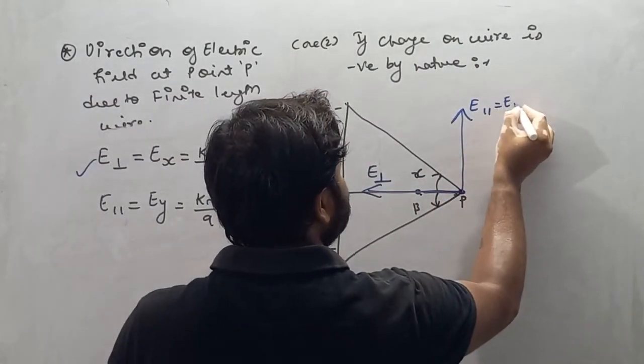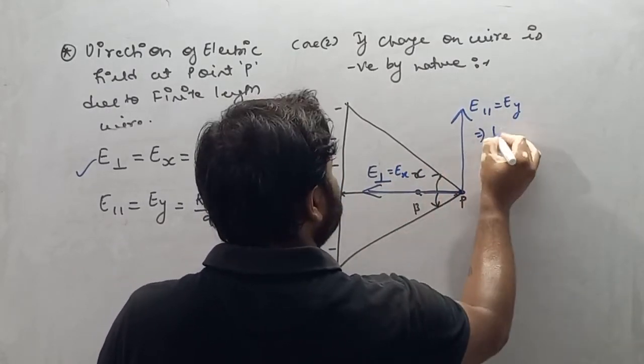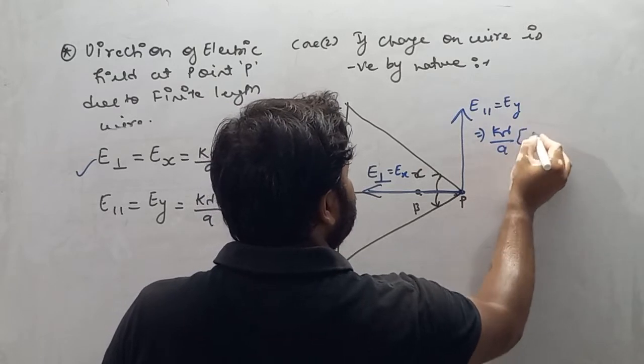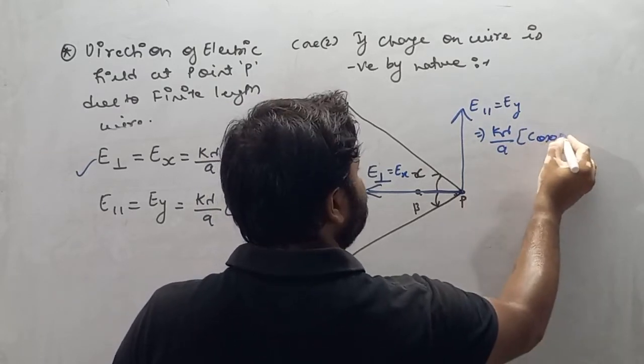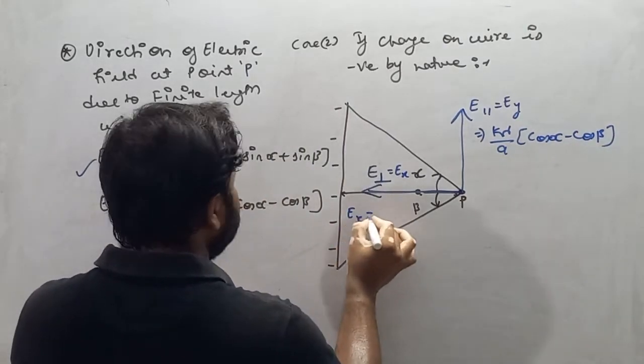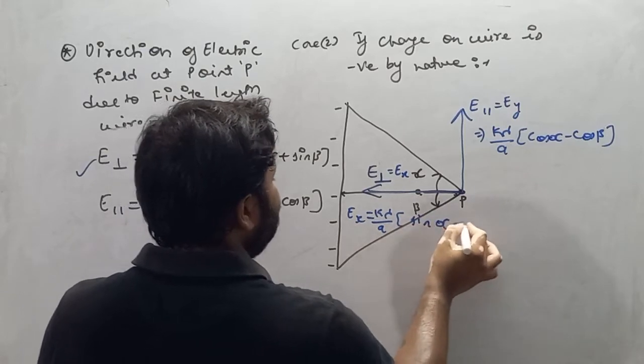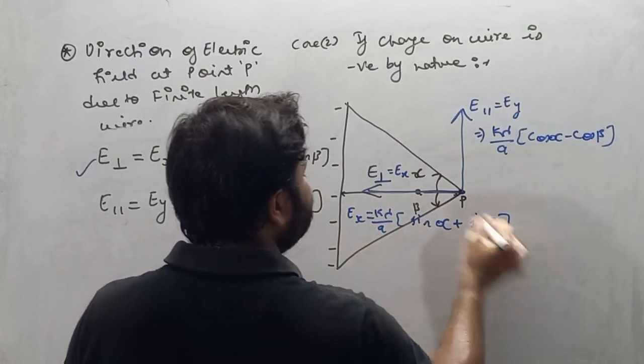It is Ey and this is Ex, having value k lambda by A, A is distance, remember, (cos alpha minus cos beta), and the value of Ex is k lambda by A (sin alpha plus sin beta).